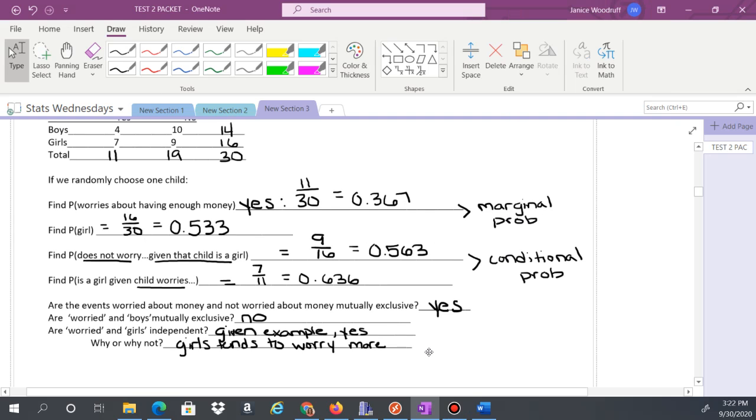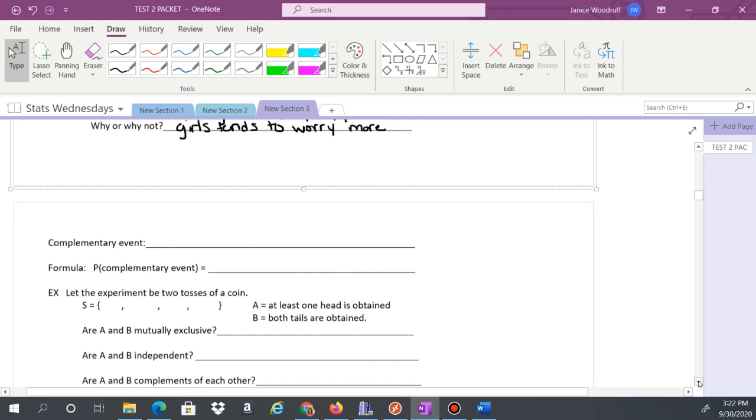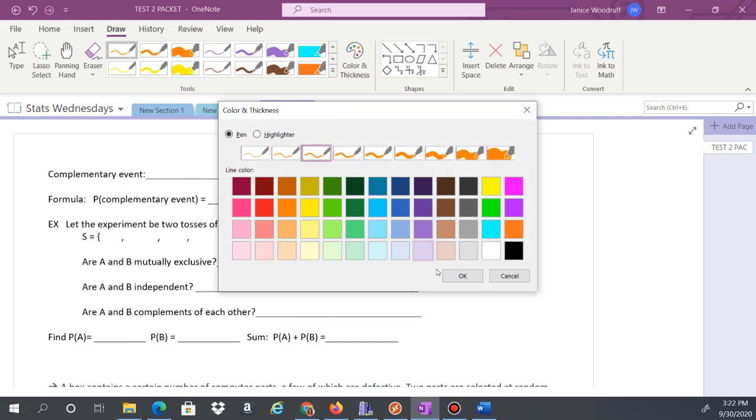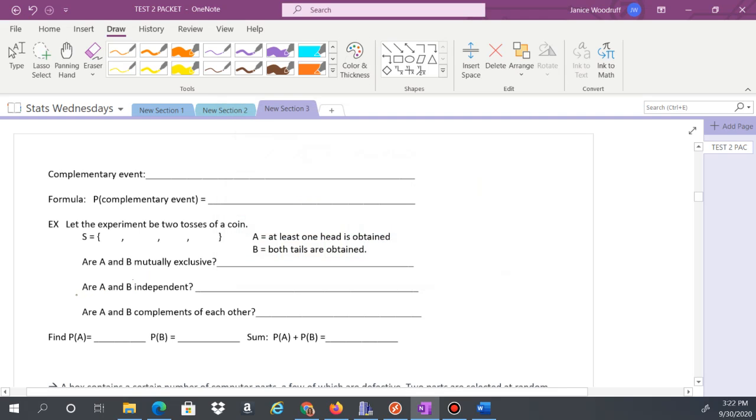So think about that when we go on to this next complementary event. 2 events will be complementary if their probabilities add to 1. So a complementary event is going to be notated like this. So A with a line over it, P of A. You might have seen that with Venn diagrams, with an apostrophe instead of a line over it. So it actually means all of the outcomes that are not included in that probability.